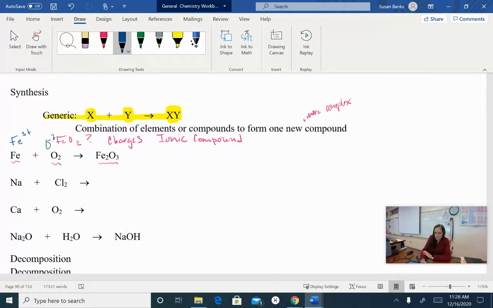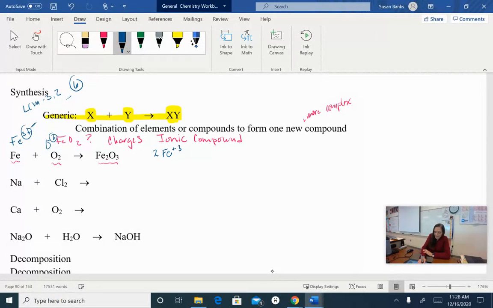So what we have to do is look at these charges. We've got a 3 and a 2. What is the least common multiple of 3 and 2? Did you say 6? It is 6. Okay, so how many positive 3s do I need to get to a positive 6? Yes, I need 2 irons to do that.